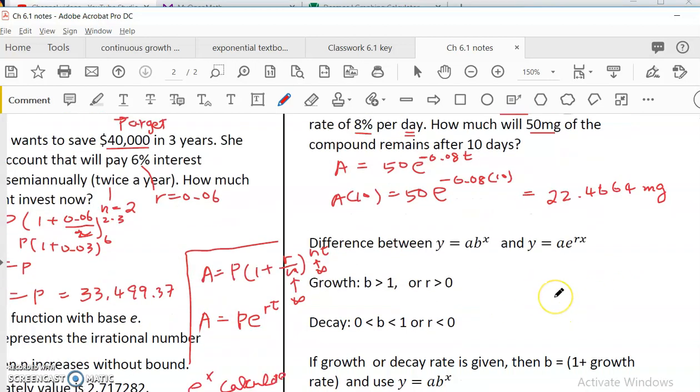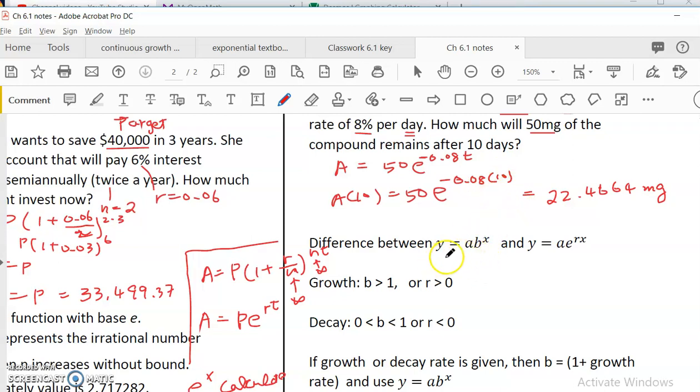So continuous growth has this benefit of all of them having the same base, so you can compare their growth rates, and you can just look at the sign of r to know if it's positive or negative. Positive models growth, negative models decay.